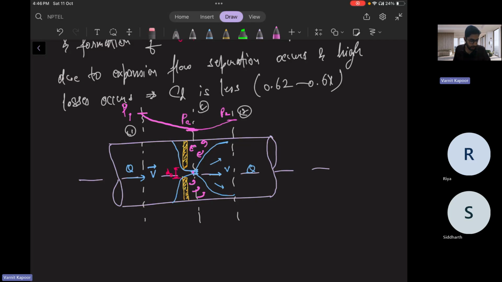And the diameter here is D naught, this much, of the vena contracta. And I'll make this plate view as well. So this is something looking like an orifice, and this is the orifice diameter, D naught, orifice diameter.